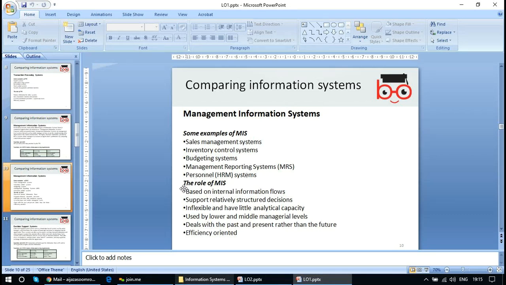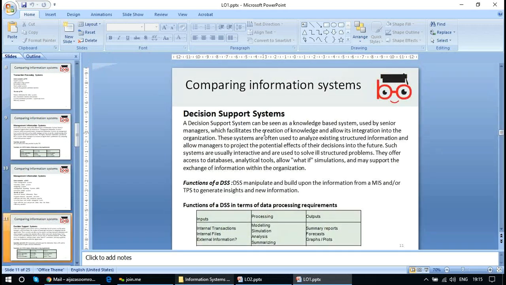The roles of the MIS are based on internal information flows, like they feed from the transaction processing systems, and support relatively structured decisions, inflexible, and have little analytical capacity, used by lower and middle managerial levels. So at the normal managerial level, the management information systems are used, and the decision support system.